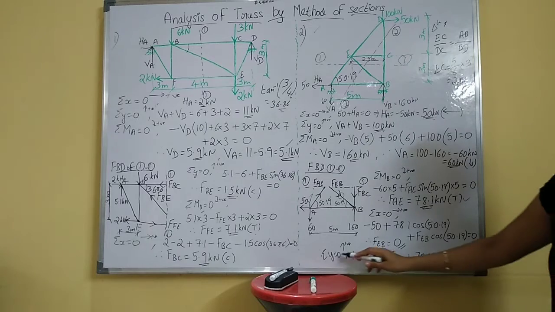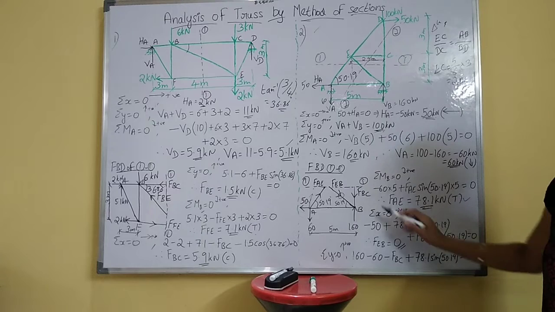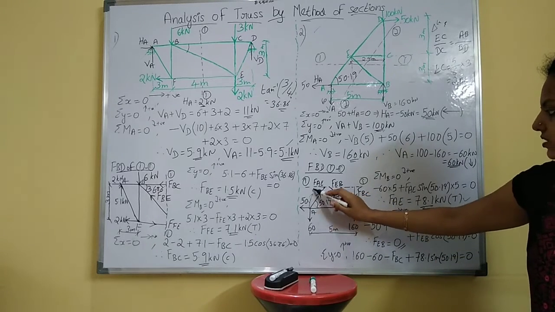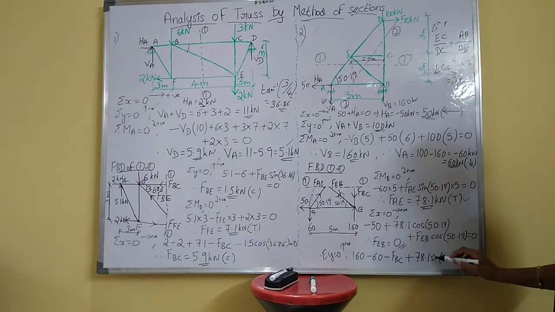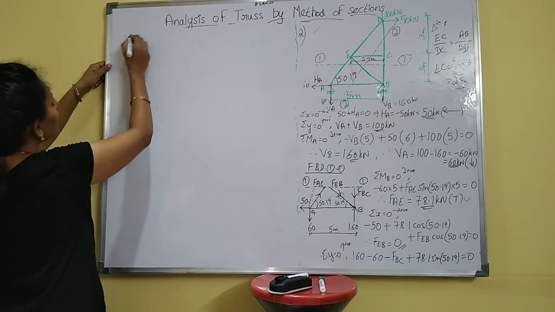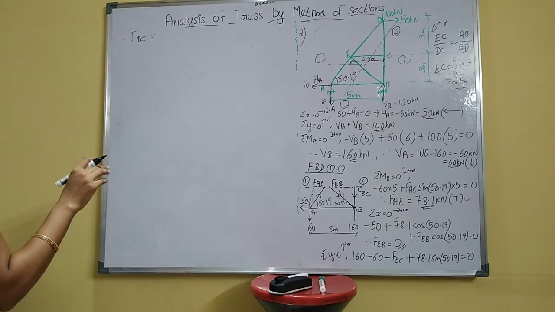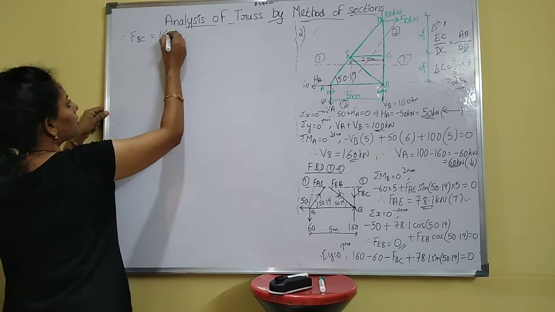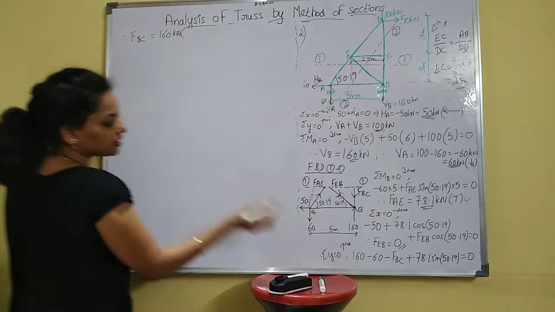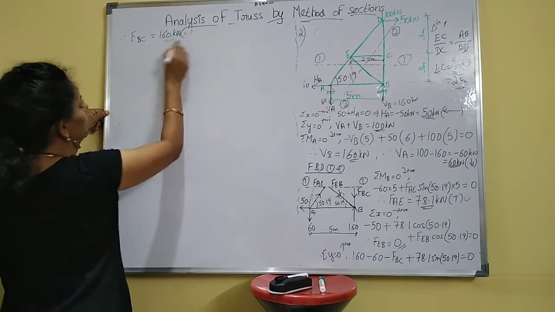Next, consider summation Fy equal to 0: 160 minus 60 minus FBC, plus 78.1 sine of 50.19 equal to 0. Solve it and you will get FBC equal to 160 kilonewton. It is towards the joint, so it is compression, C.